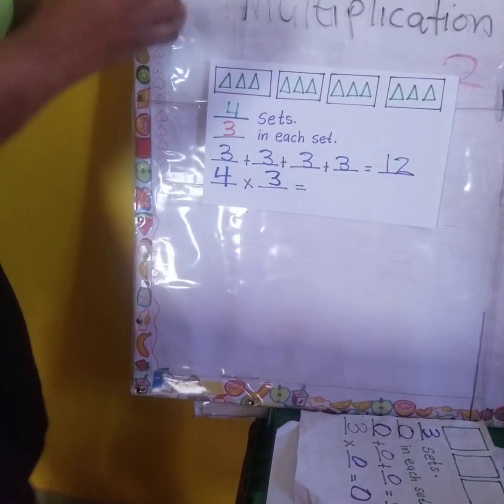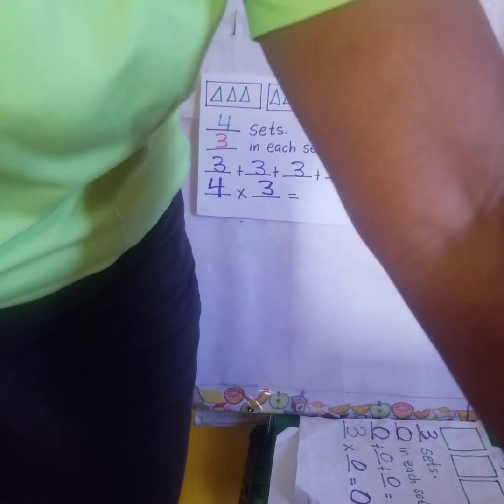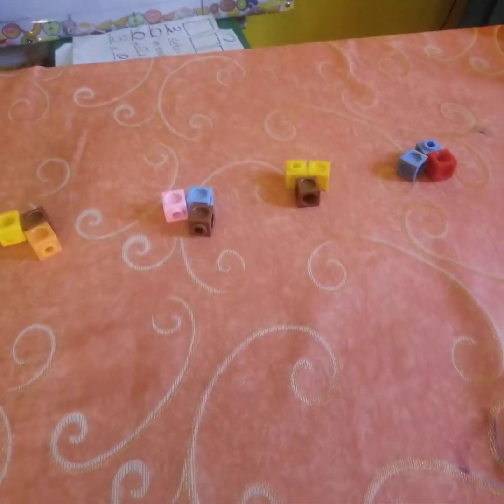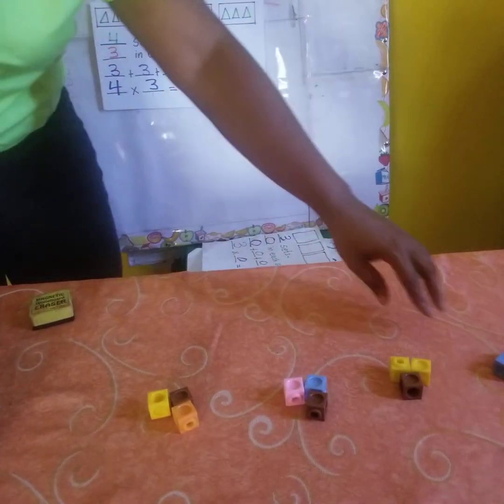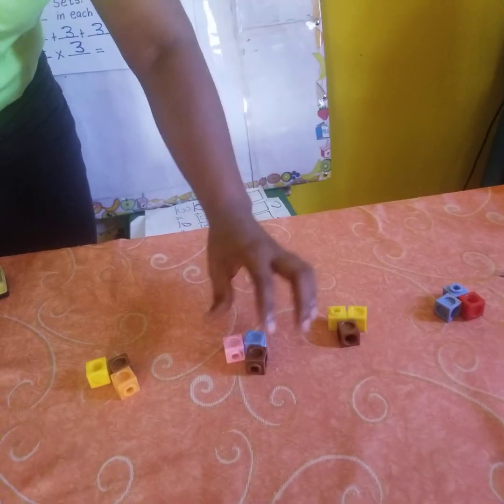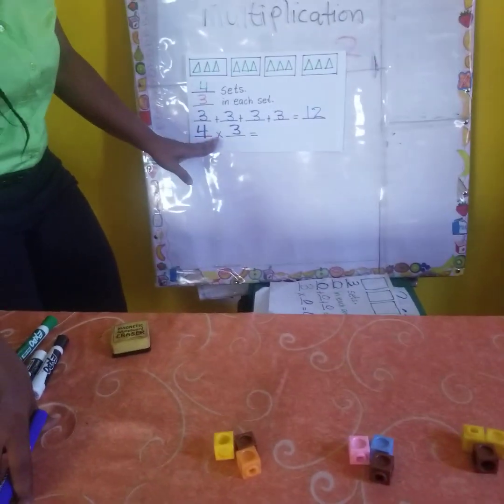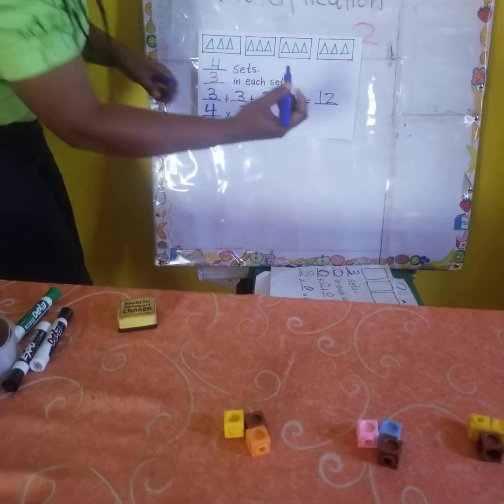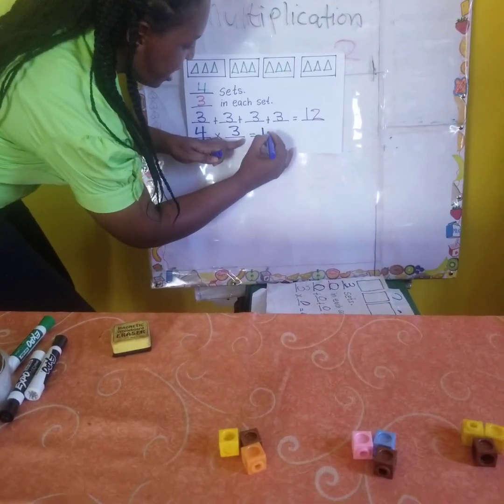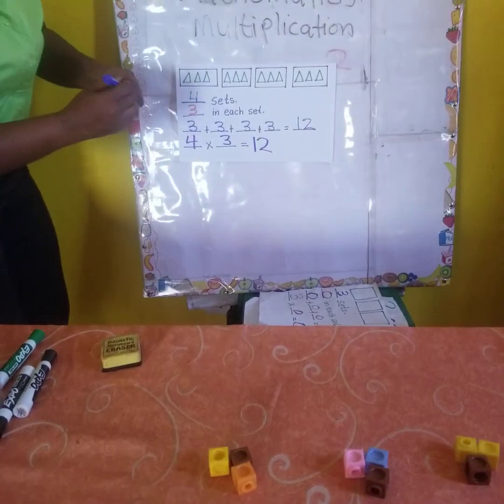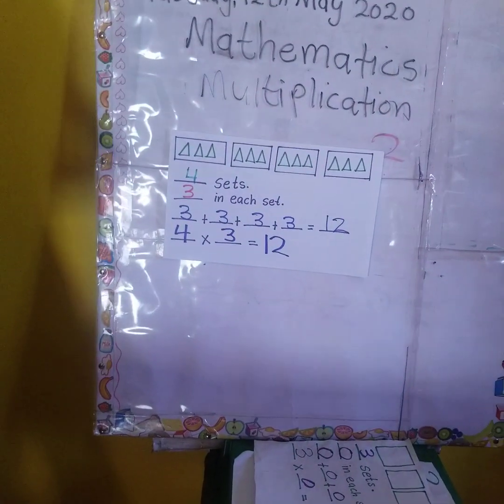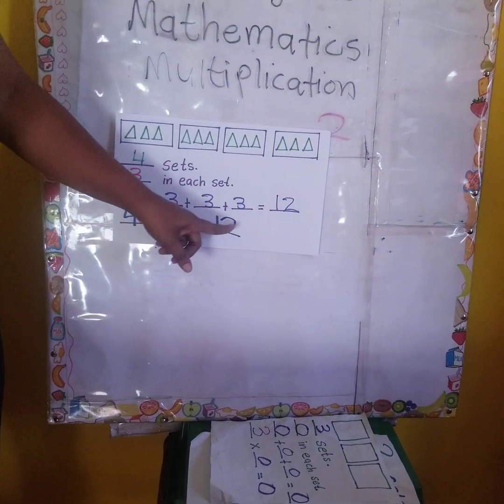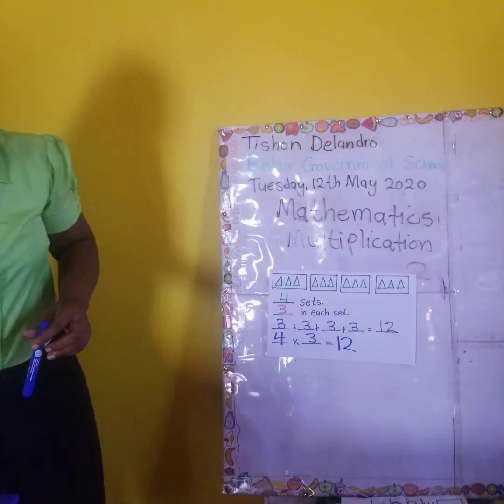Set 1, set 2, set 3, set 4, and each set has 3. So 4 multiplied by 3 equals 12. And remember, when we do the repeated addition and multiply, our 2 answers are supposed to be the same.